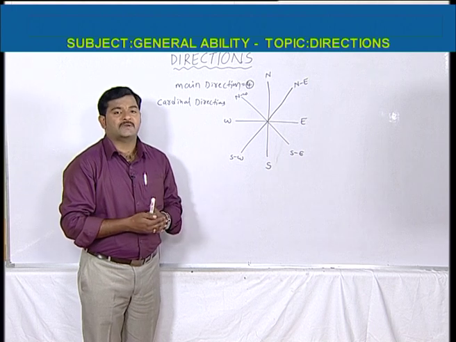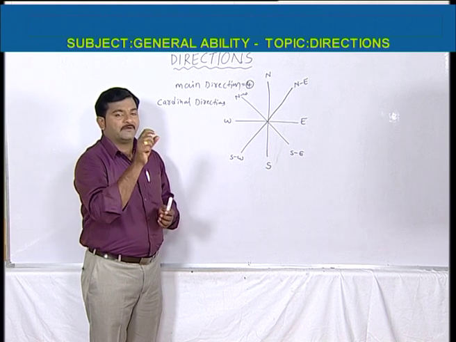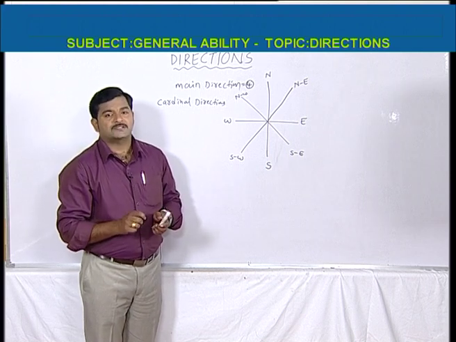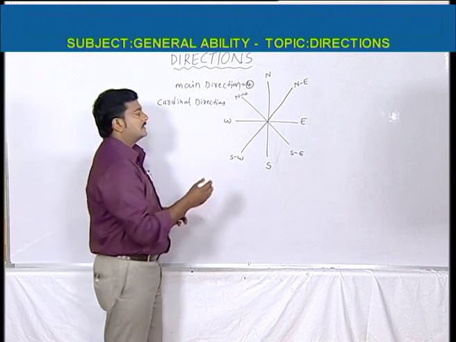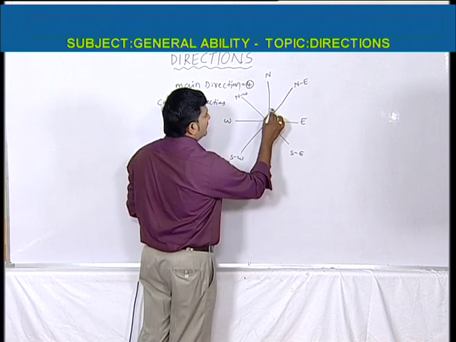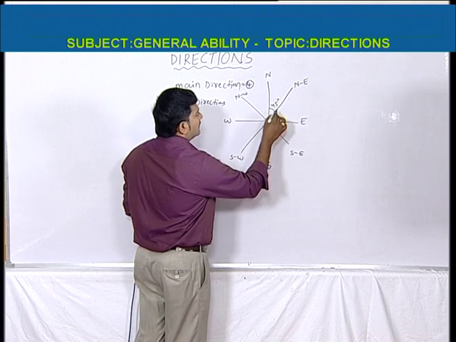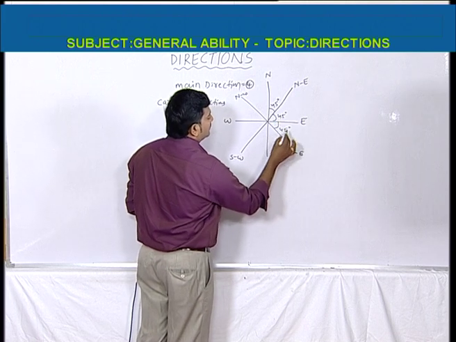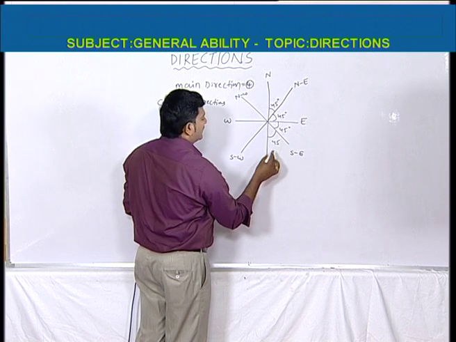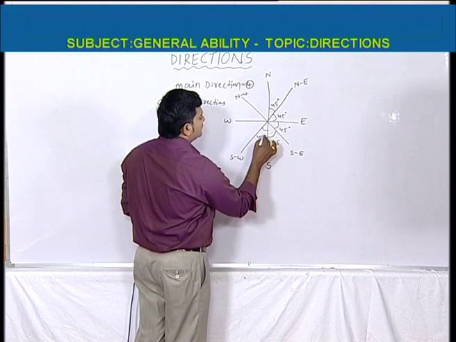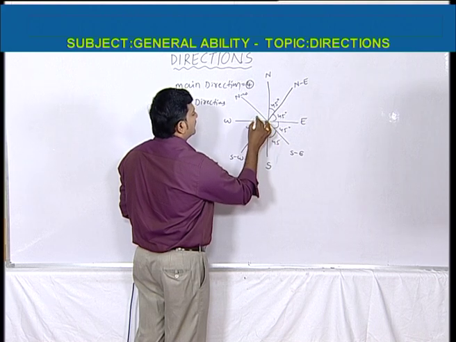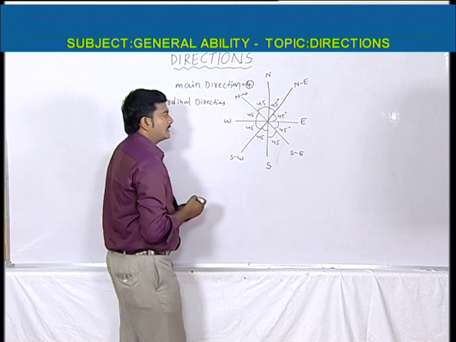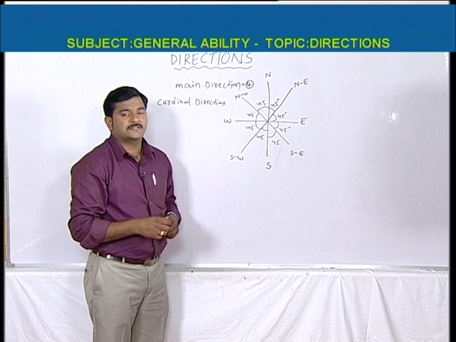With this we can conclude that the angle between one main direction and its consecutive cardinal direction is always equal to 45 degrees. The angle between north and northeast is 45, northeast and east is 45, east and southeast is 45, southeast and south is 45, south and southwest is 45, southwest and west is 45, west and northwest is 45, and finally northwest and north is also 45 degrees.